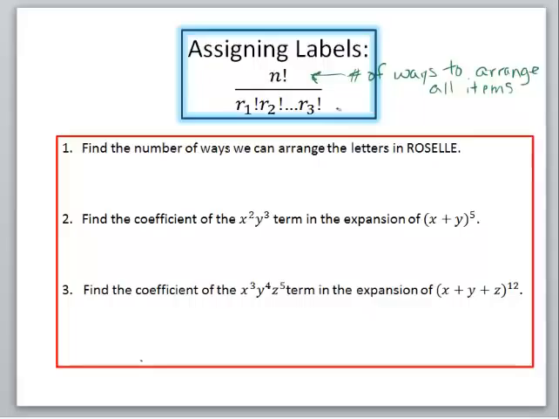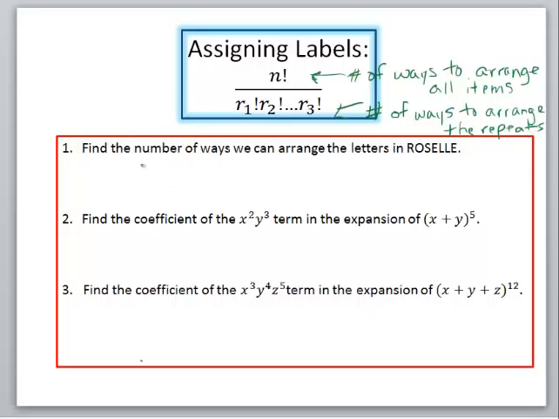R factorial down here, those represent the number of ways to arrange the repeats, or the things that I can't tell the difference between.